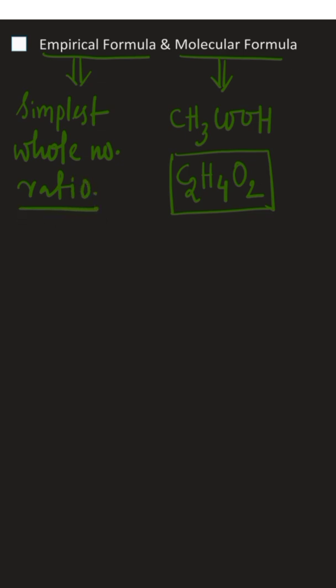In the molecular formula of acetic acid, the atoms are present in the ratio 2, 4 and 2: carbon 2, hydrogen 4, and oxygen 2.